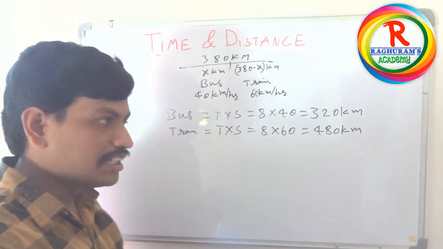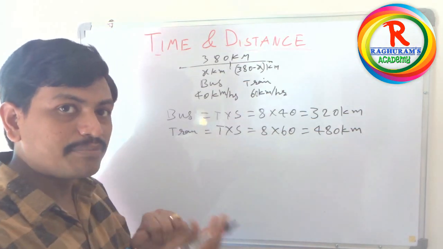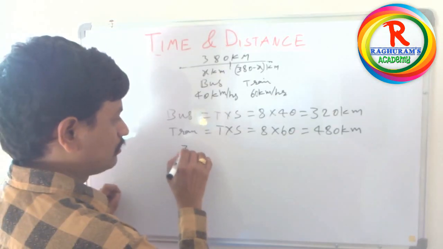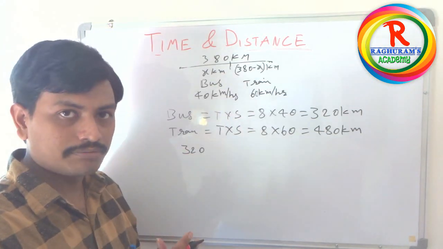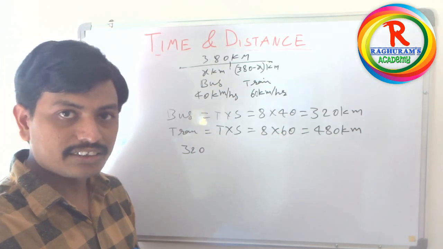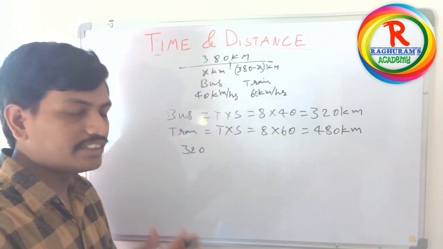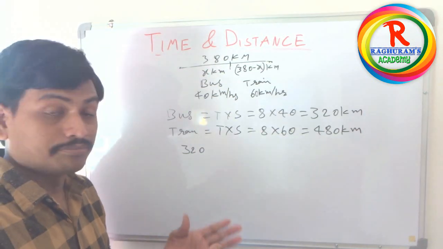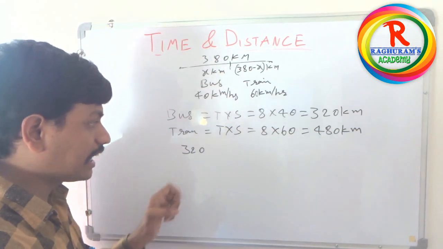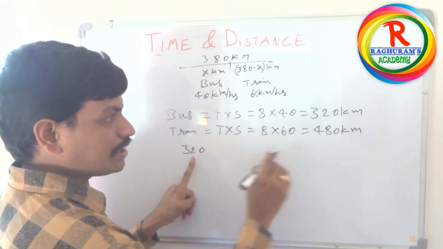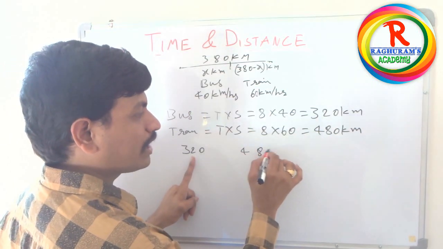Now just write it like the mixtures and alligation method. Mixtures and alligation is the last part of ratio and proportion. The link is given in the top right corner. You can click on it and watch mixtures and alligation. So I am using the same style. This is 320 and this is 480.